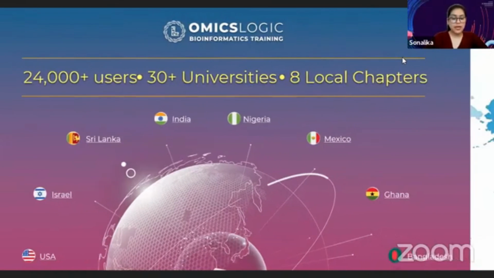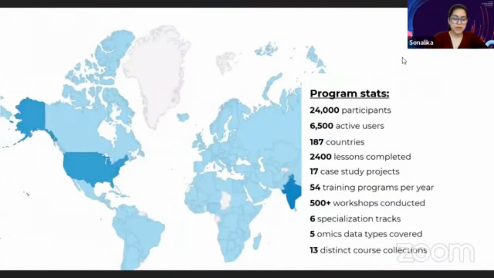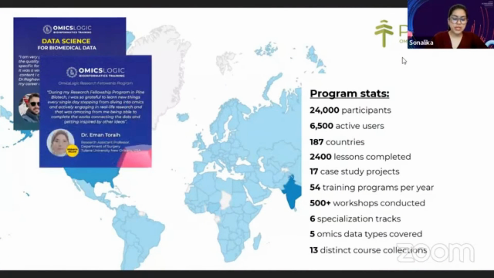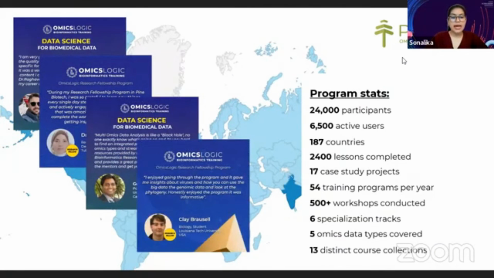As a result, we have acquired professional certification to offer our curriculum and support research projects using our OmicsLogic project-based curriculum. And here are some amazing stats from year-long training programs that were conducted by us.